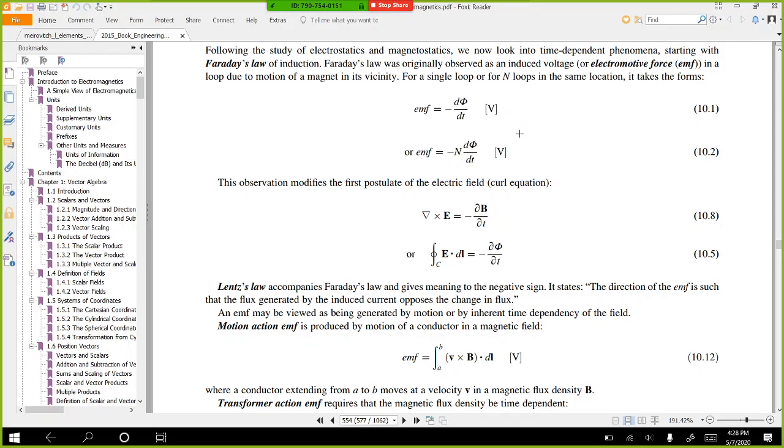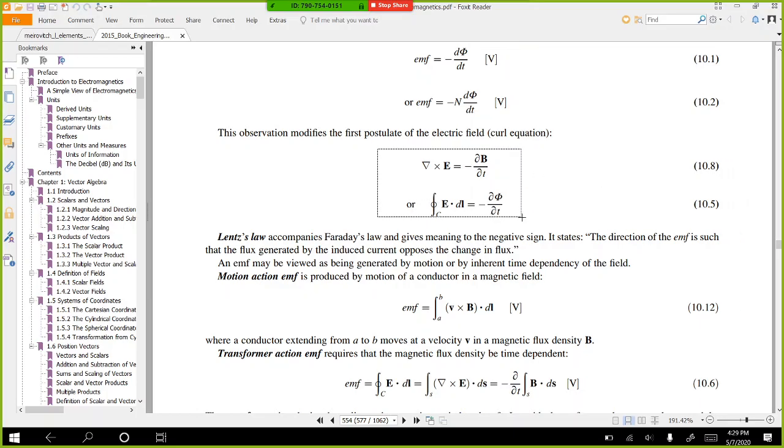Electromotive force, according to Faraday's law, for a single loop is equal to the change of magnetic flux, dphi over dt, or for n loops, n multiplied by dphi over dt.